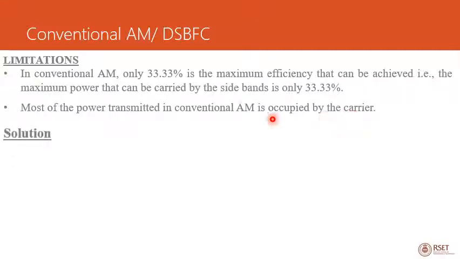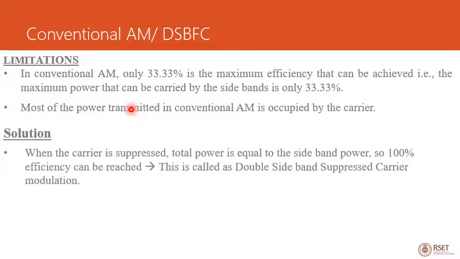So what is the solution to this problem? The solution is, when the carrier is suppressed, the total power is equal to the sideband power, so 100% efficiency can be reached. This is called double sideband suppressed carrier modulation.